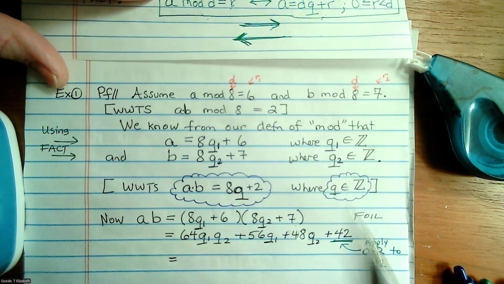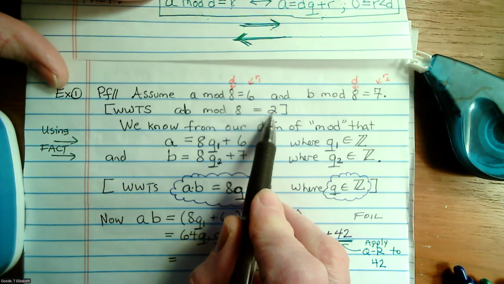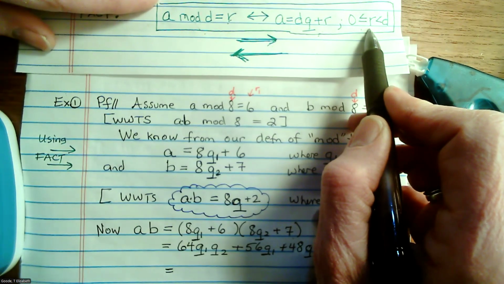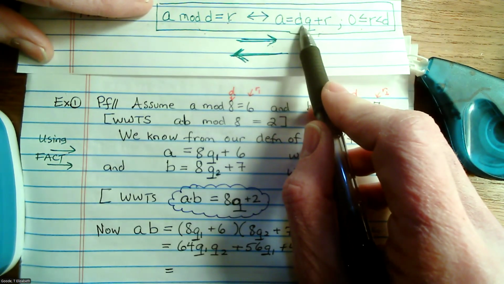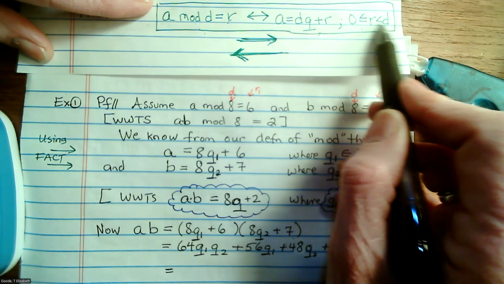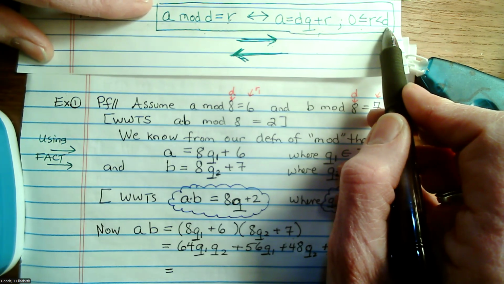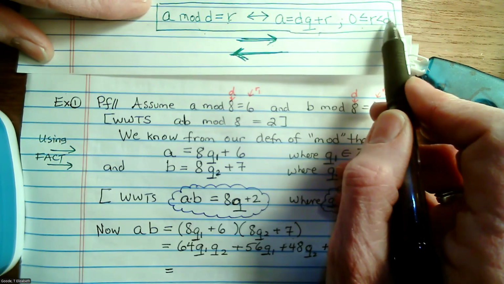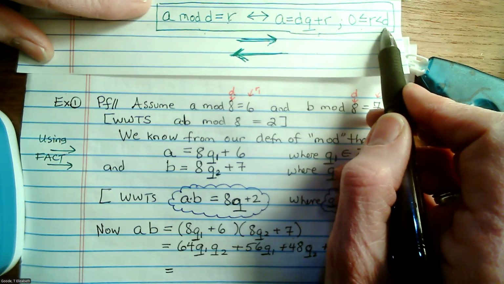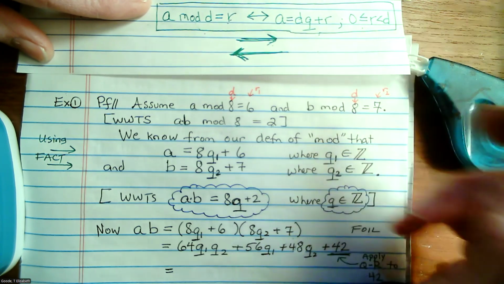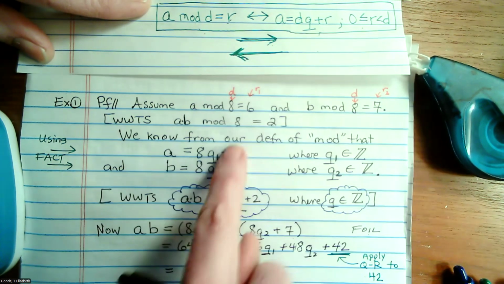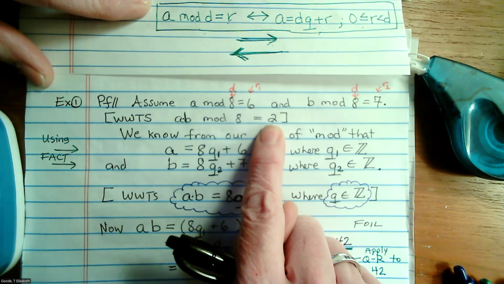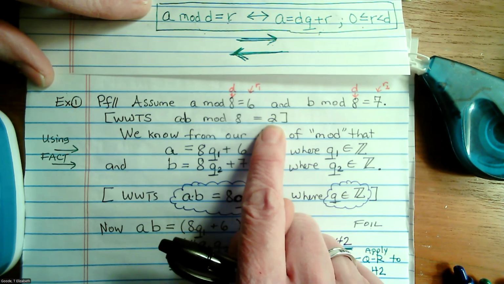The range for the R value is like, if we're dividing by D equals 8, we don't want the remainder to be 8. That means we didn't pull out as many copies of 8 as we could have. So we want R to be between 0 and 7, which would be the largest remainder when D is 8. And here we're shooting for a very particular remainder. We're actually told what the answer is, and we have to show how to get it.